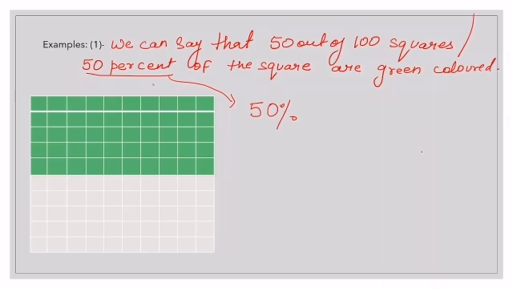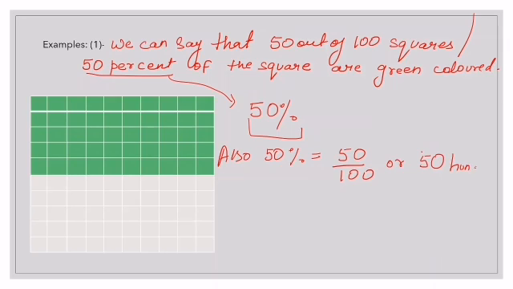We can write 50% symbolically like this. Also this 50% means what? 50 per 100. We have studied this in the previous slide, which means in words we can write it 50 over 100.